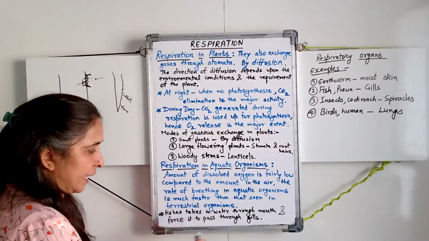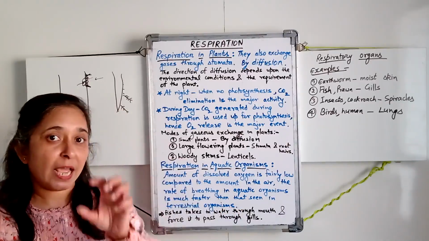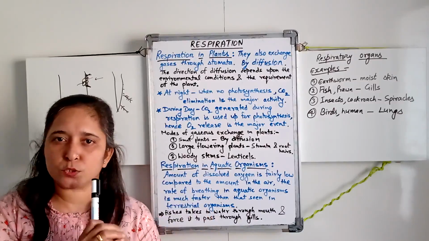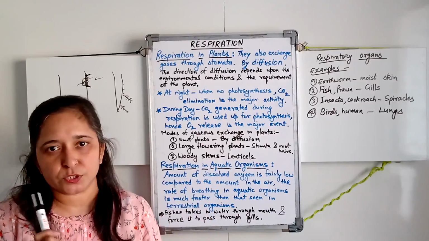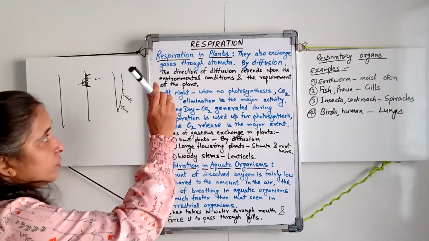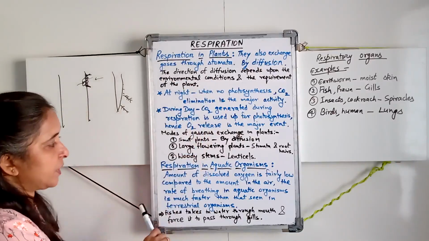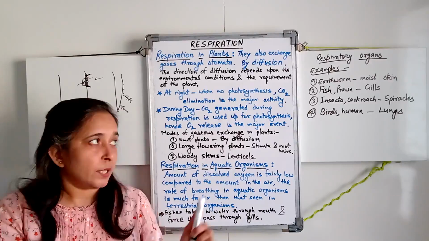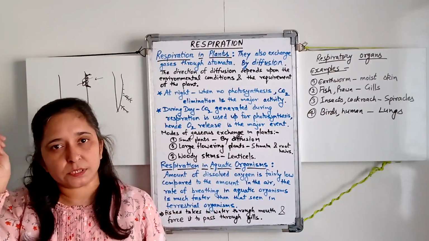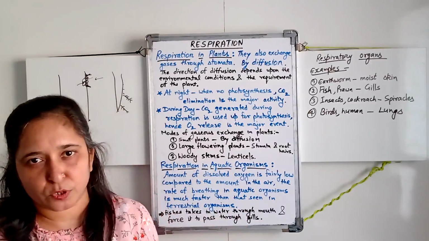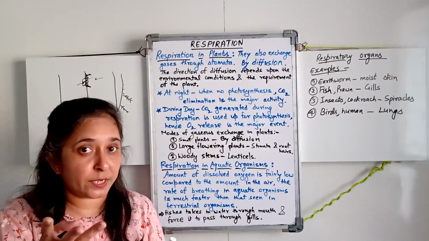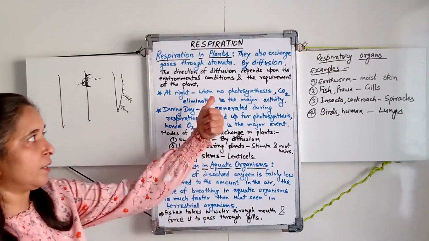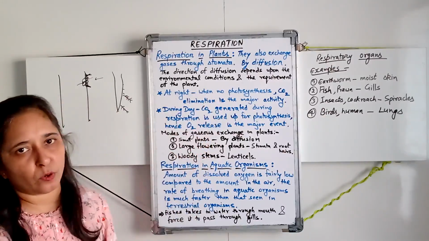So water enters through the mouth, passes through the gills, and at that time they absorb the dissolved oxygen for respiration. So this is all about respiration in plants and respiration in aquatic organisms. Up to here I have finished nutrition and then the respiration process: respiration, three breakdown pathways, then in plants and then in aquatic organisms.